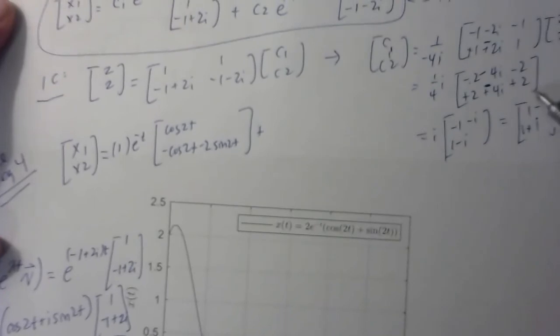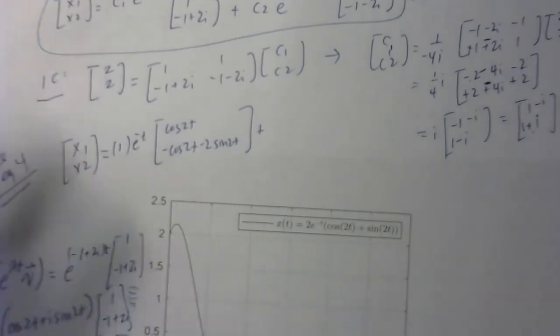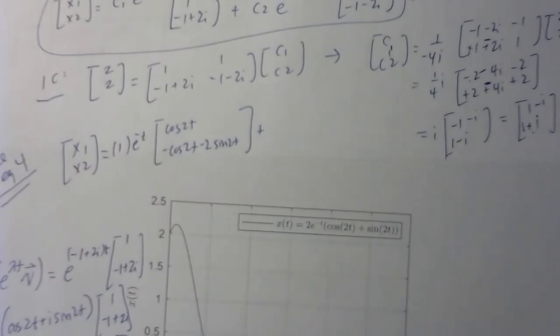So this guy minus this guy is going to give me minus 2i, right? Then times another i. So a minus 2 i squared, which should just give me 2.